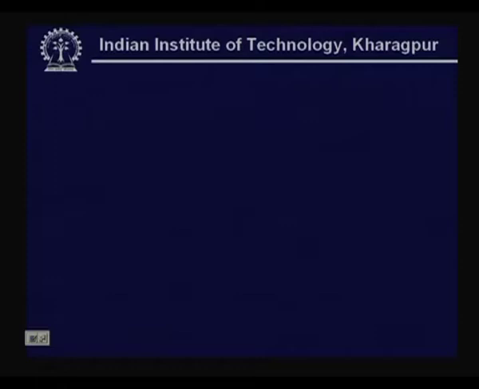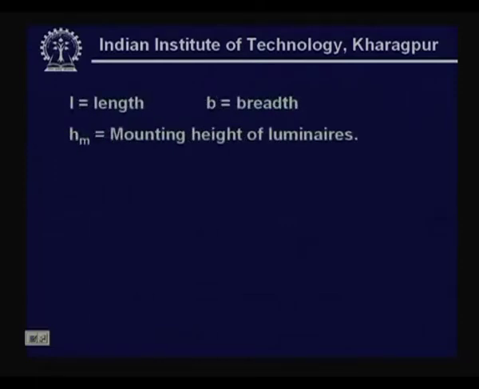This is the guideline. Now, how do we arrive at the index, the room index? Because I said room index is the one based on which the CIE guidelines give us the number of luminaires that may be located. So, the first thing we will see is mounting height.